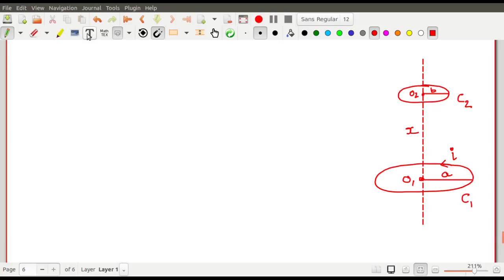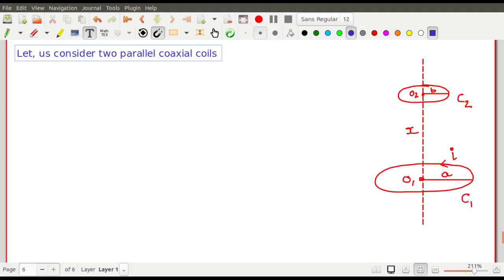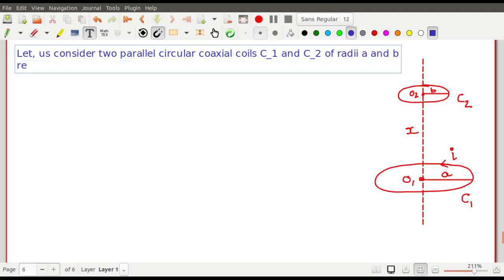Let us write an introduction first about it. Let us consider two parallel coaxial circular coils C1 and C2 of radii A and B respectively, separated by distance x.